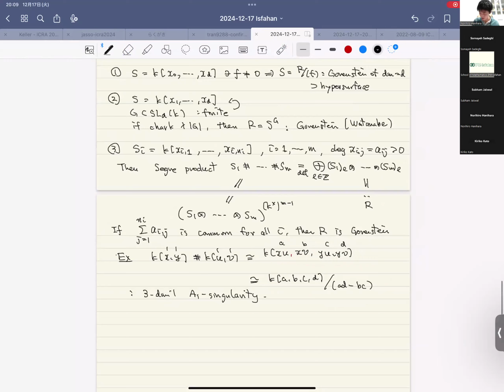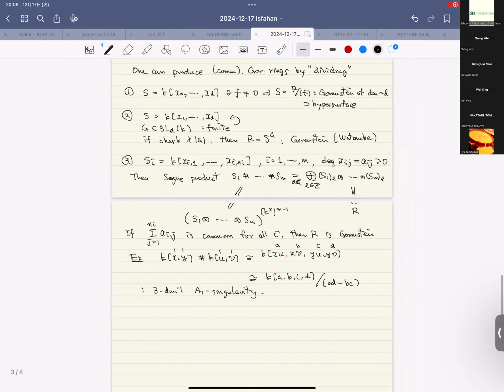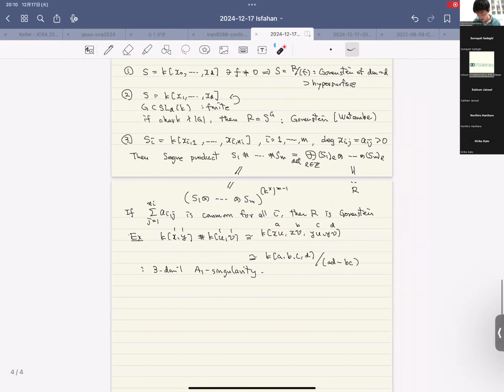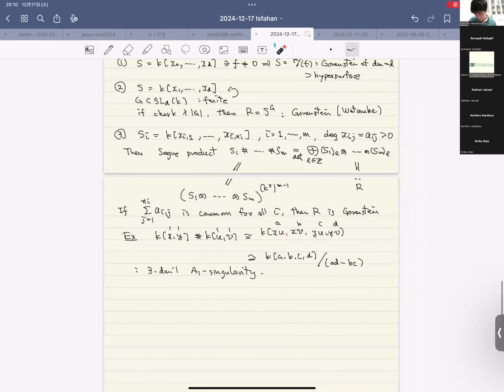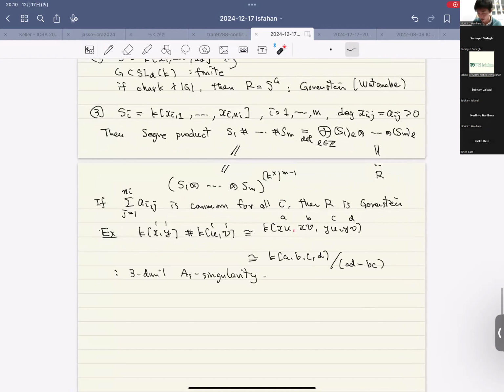One good point about this construction is that we can perform very explicit computation using only the knowledge of the polynomial ring. More precisely, only using Cauchy complexes, we can perform very explicit computation, and this is one of the fun points about this construction.